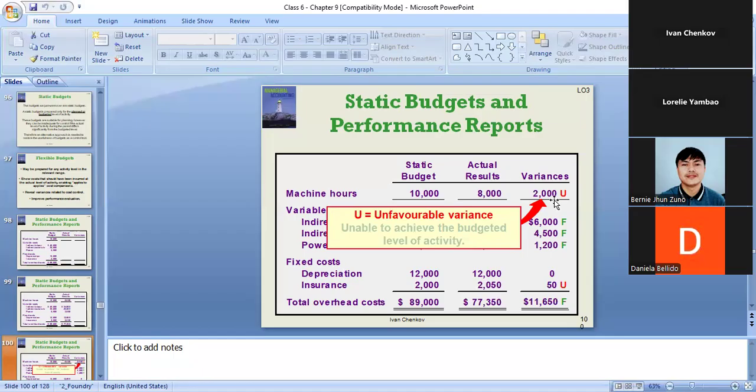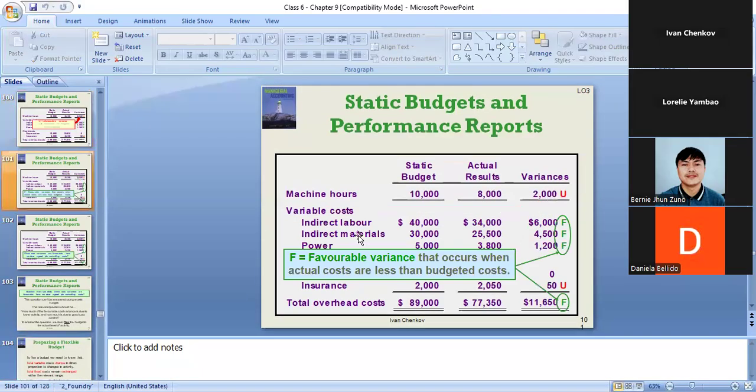Because we're using fewer hours, our actual indirect labor cost is less than what we budgeted. So we have a favorable variance. Every time the cost is below what we're expecting, say we're expecting $40,000 and the actual cost is below that, it's in our favor. So we're going to have a favorable variance.